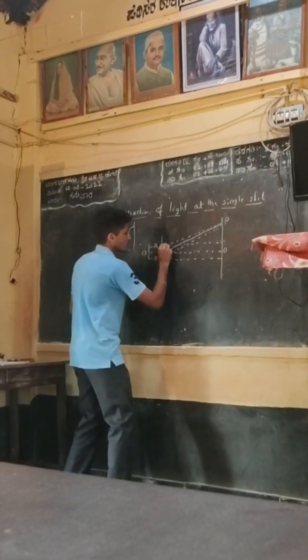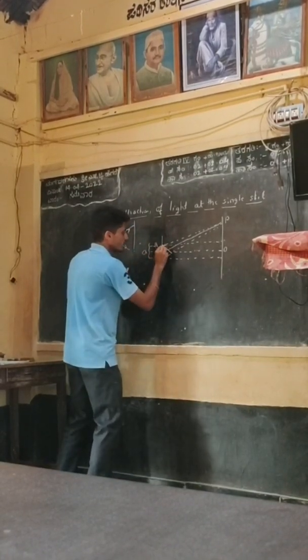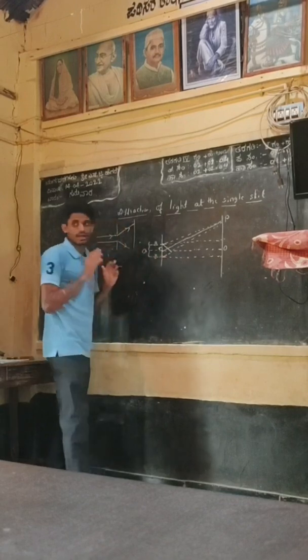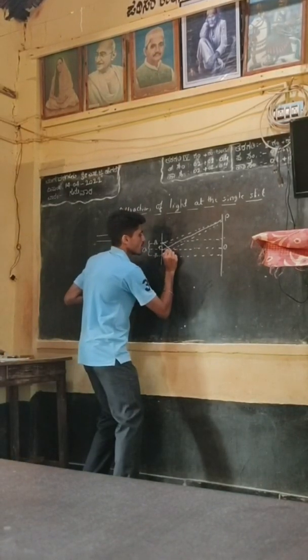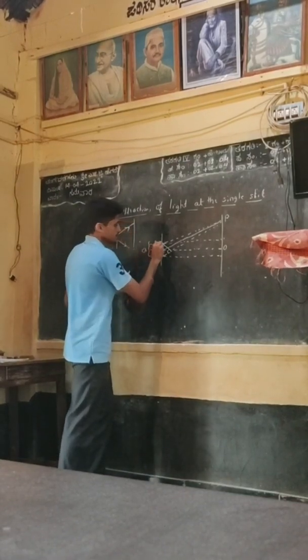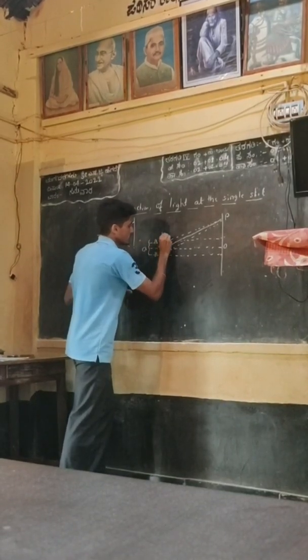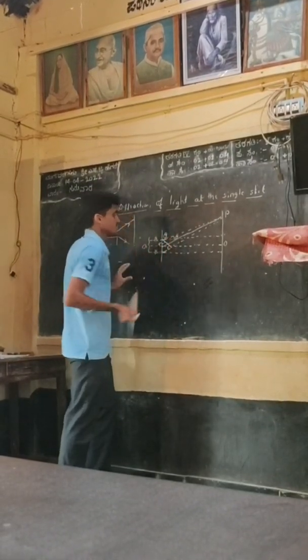So I am drawing a perpendicular line. So here we get a kind of triangle, which is a right angle triangle. We can draw a perpendicular line for this, and we can consider this angle as theta, and this can be considered as theta.